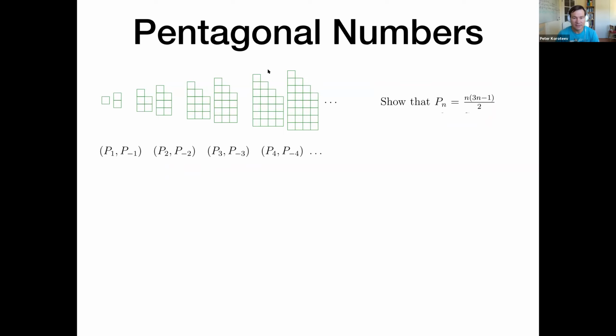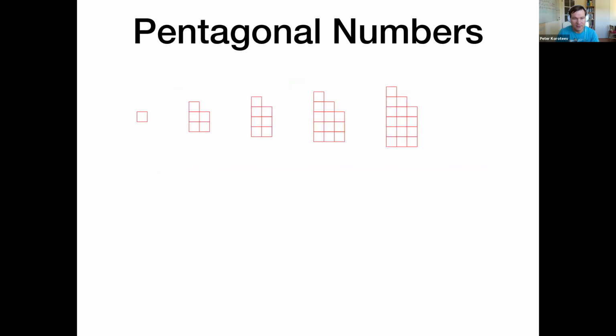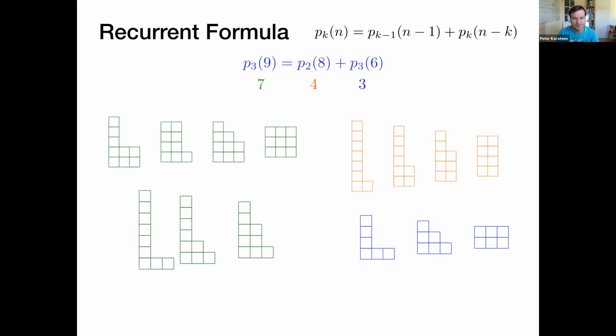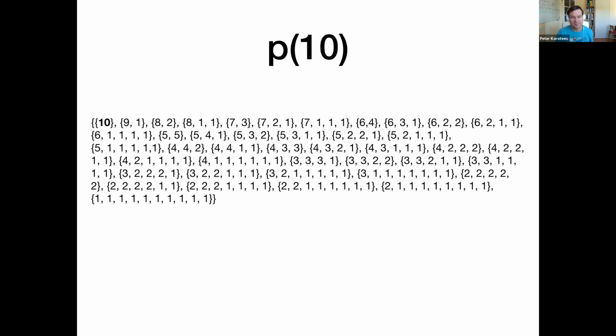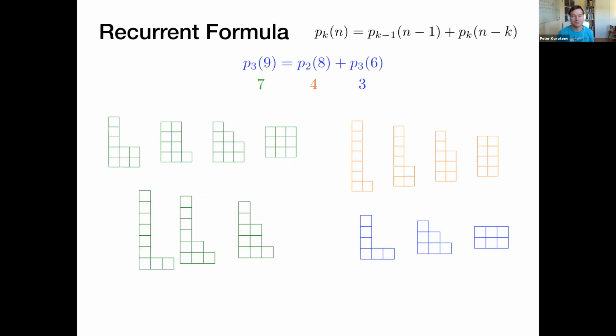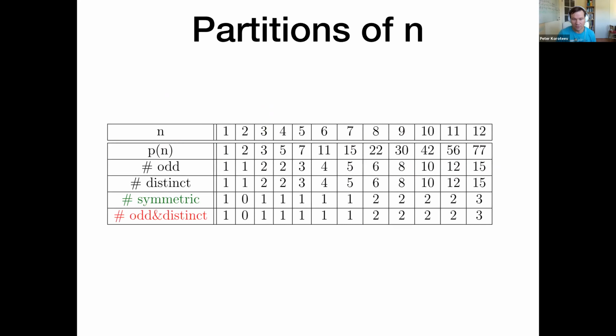Okay, so any questions here? So what's the homework assigned? So the first problem will be to write the code which calculates p of n using this partition formula.